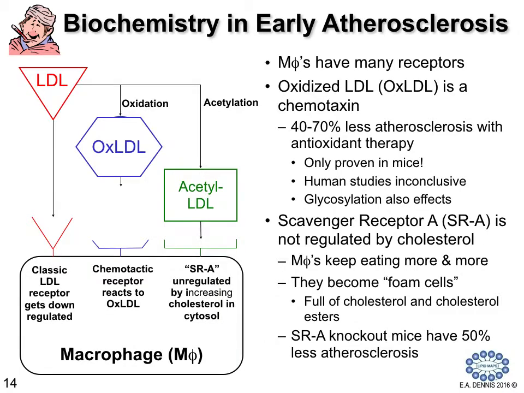This is illustrated more explicitly where the LDL classically is taken up by the Brown and Goldstein LDL receptor, and cholesterol synthesis is downregulated. When it has been oxidized, then there are chemotactic receptors, and acetylated LDL is taken up by a so-called scavenger receptor.